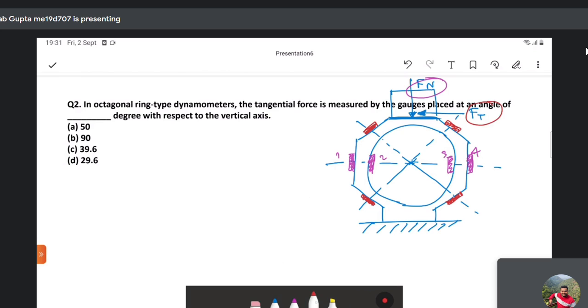So you have been asked this particular angle, the angle at which the gauge for measuring the tangential force is placed with respect to the vertical axis. This angle is 50° in case of octagonal ring type dynamometers. In normal ring type dynamometers, this angle is 39.6°.